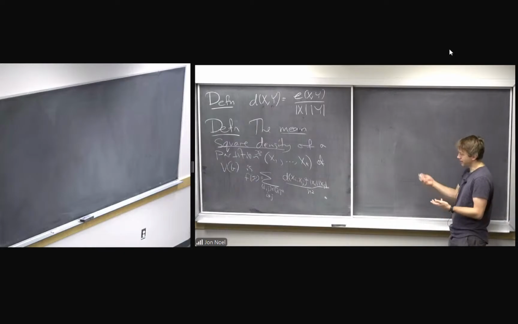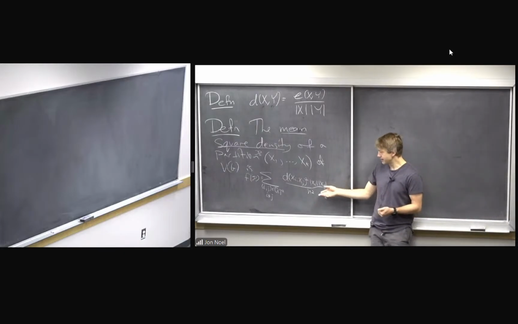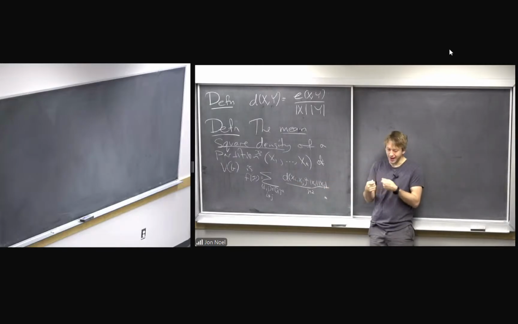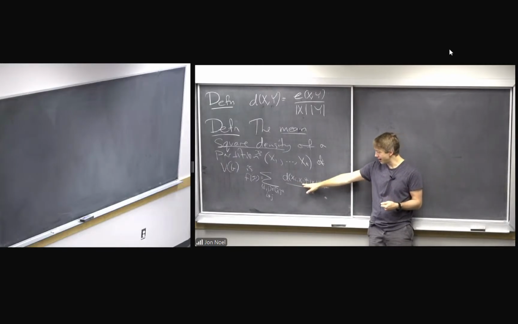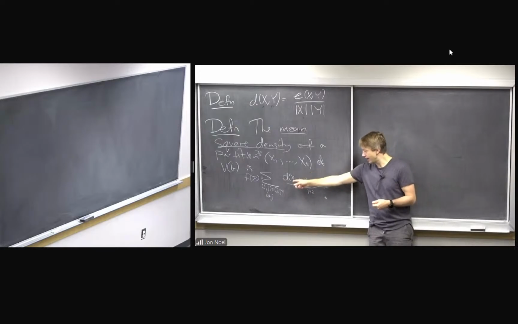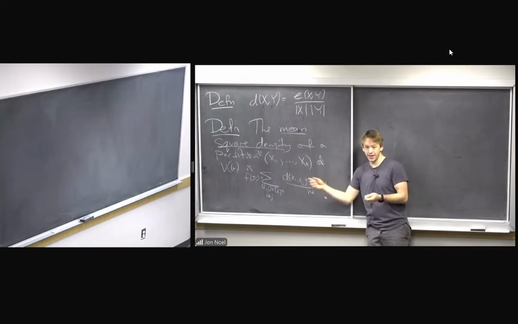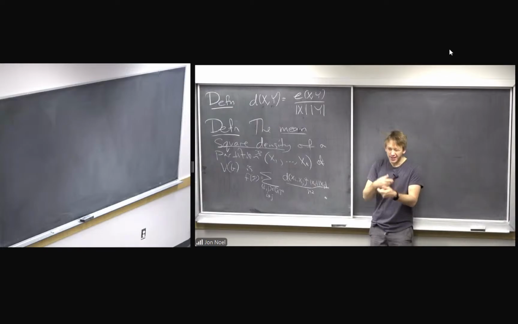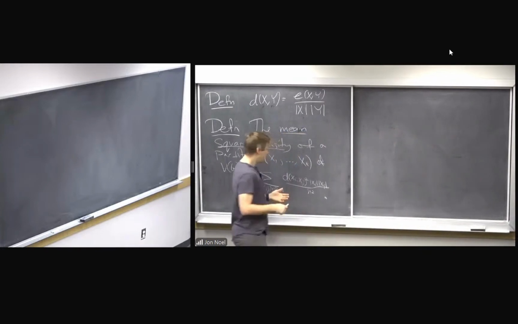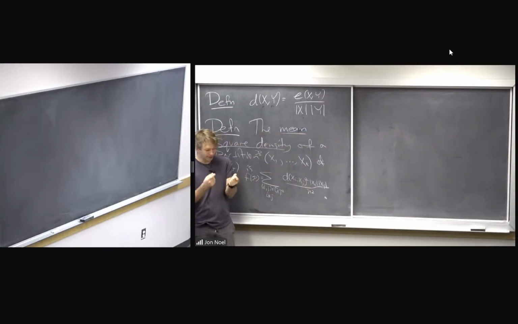You might wonder where this word mean square density comes from. In some sense, this quantity is some sort of an average of the square of the density between two parts. Imagine I pick two vertices at random from the graph.